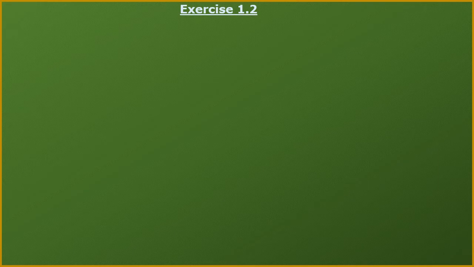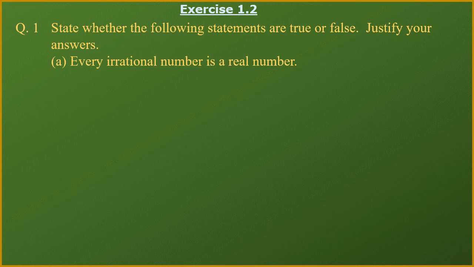Now we are starting exercise 1.2. First question: state whether the following statements are true or false. You have to justify your answer. The first part is: every irrational number is a real number. See, just now I told you rational and irrational numbers together form a real number.